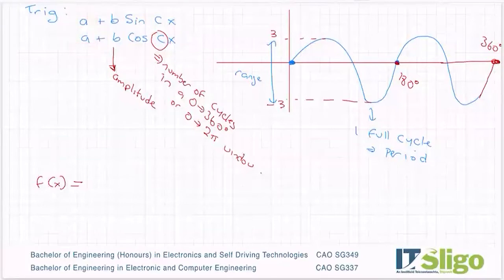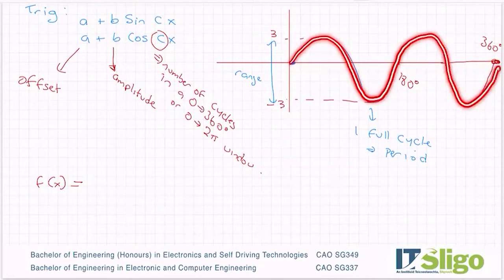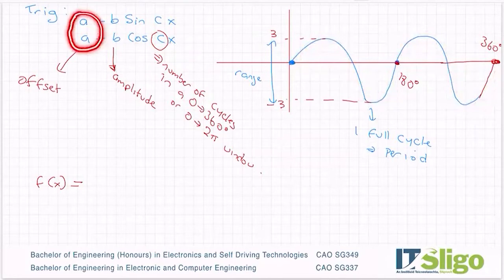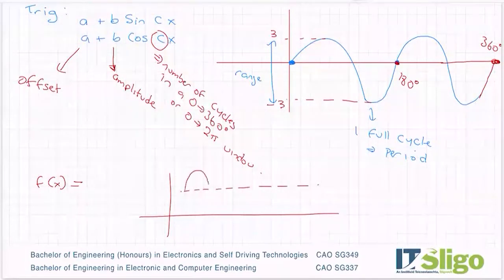So this a is an offset. In many cases, our trig functions circle around the x-axis, so there's no offset. This is 0. But in some questions, if you've done exam questions, such as a boat is floating on water, then the water is obviously going to be up here, or various things are happening.